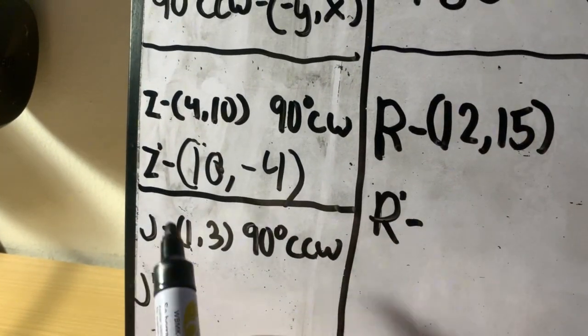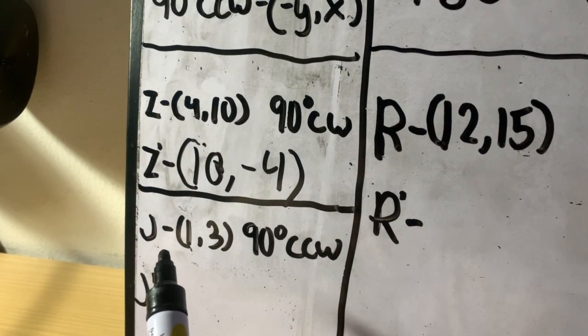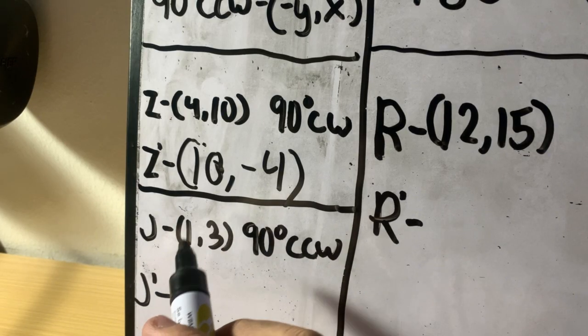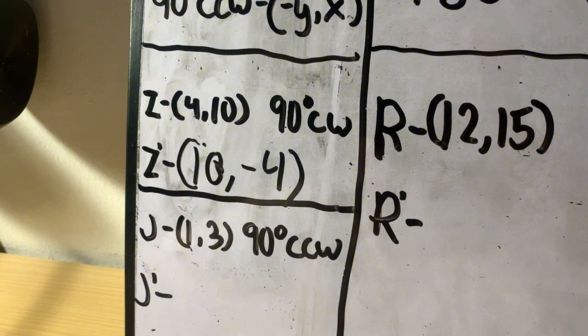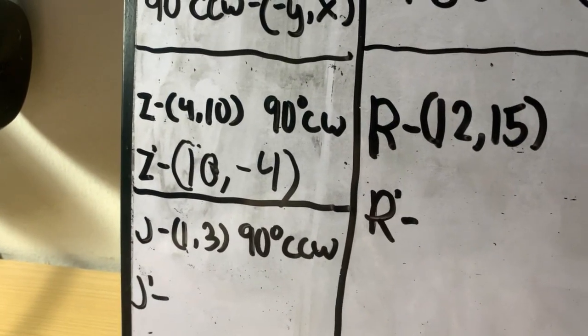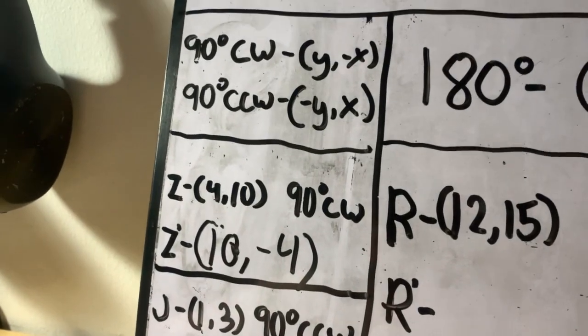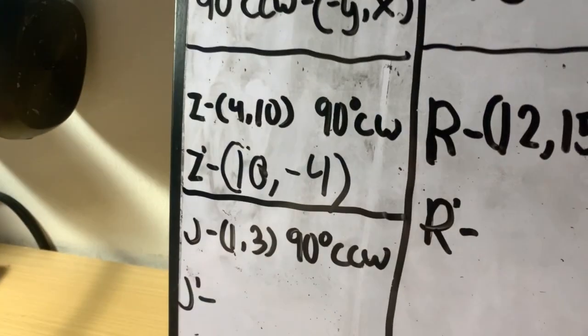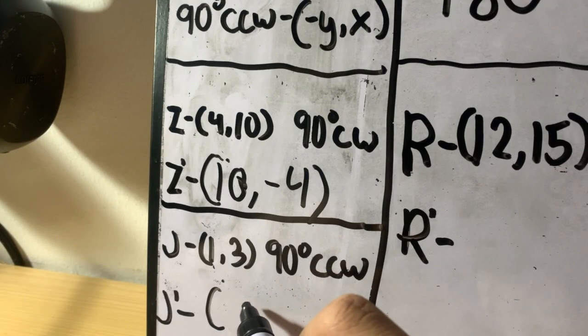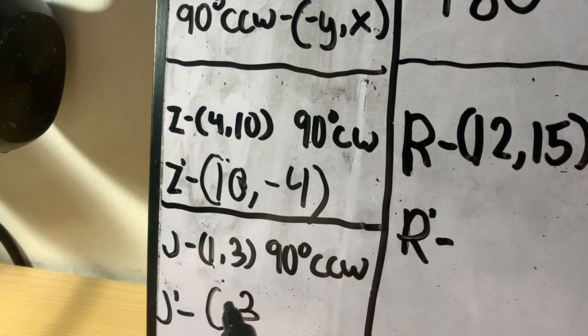J. So ang j natin is 1, 3. So x is 1, y is 3. Now, ngayon, instead of clockwise, pinapagawa sa atin 90 degrees counterclockwise. So, ang counterclockwise naman natin is, sabi natin ulit si 3 and si 1 kasi baliktaran sila. Ang difference naman, si 3 naman ang magiging negative.